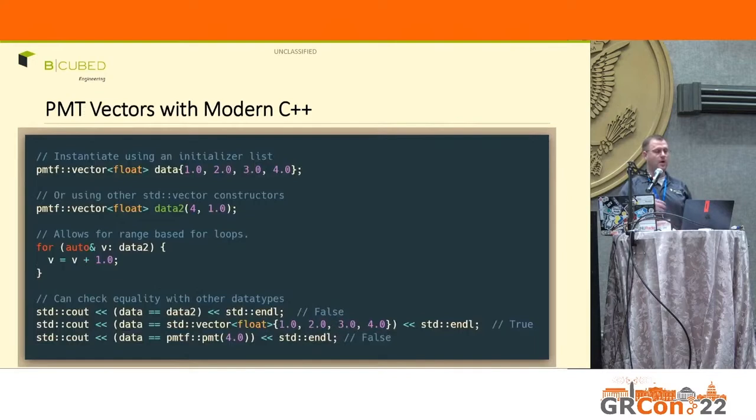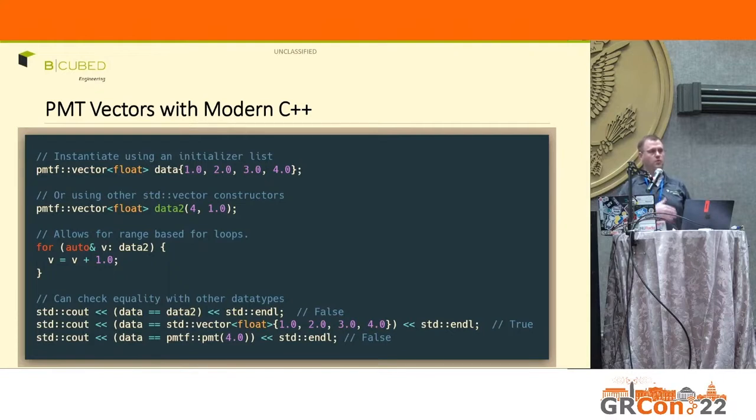We also have vectors, another common data type. You can declare a vector with an initializer list. All of the std::vector constructors are valid here. So the second one is constructing a vector of size 4 where all of the values are initialized to 1.0.